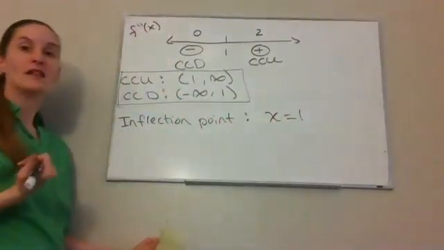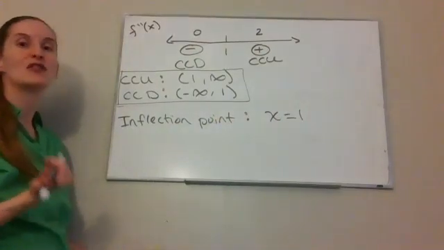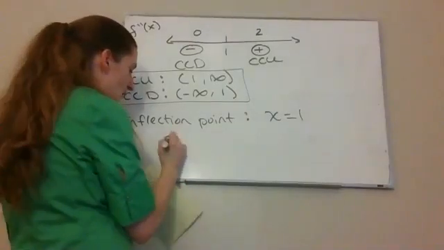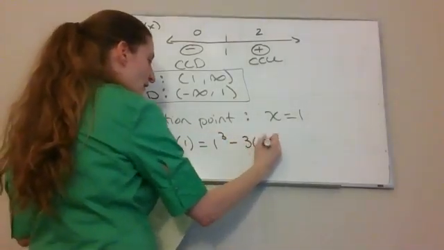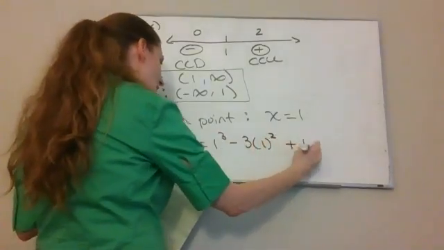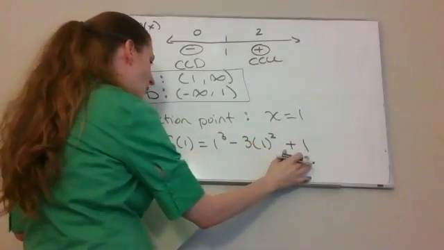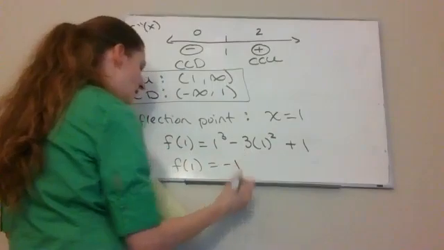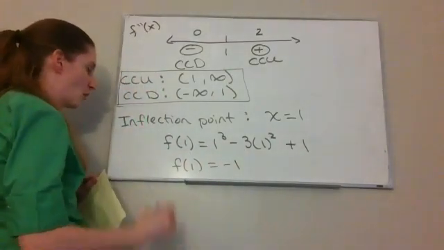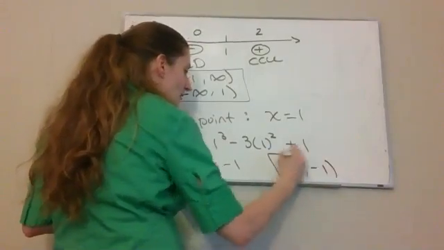If I want to find the y-coordinate of that inflection point, we have to plug that 1 back into the original equation. So I would have 1 to the third minus 3 times 1 squared plus 1. So this is 1 minus 3 plus 1, which is negative 1. So my inflection point is the point 1, negative 1.